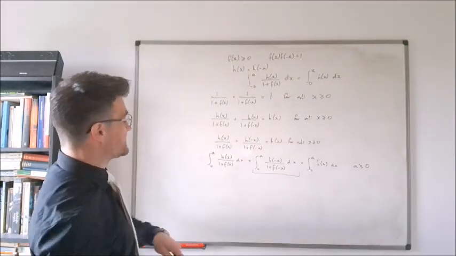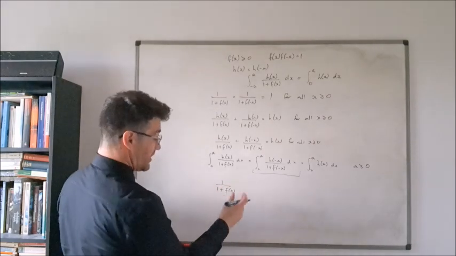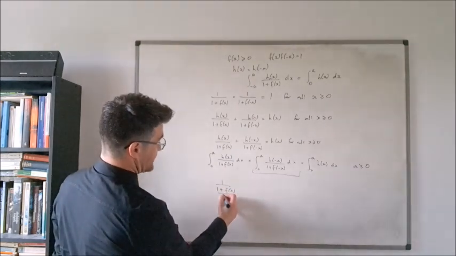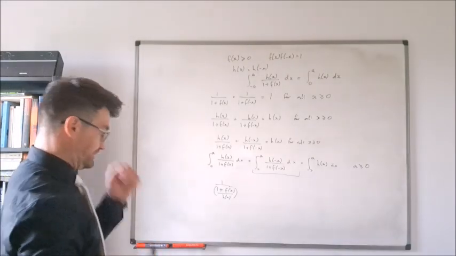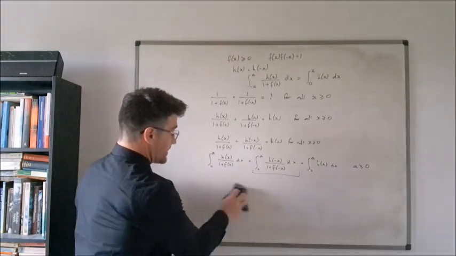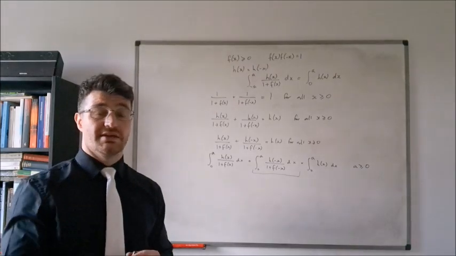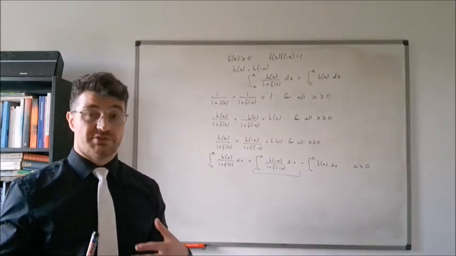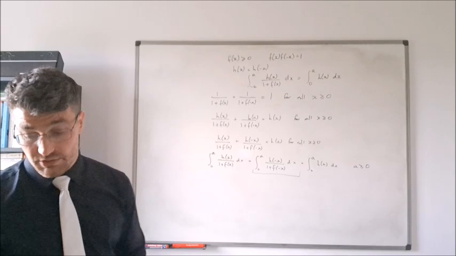I was hoping to reduce it more to the form 1 over 1 plus f of x that we saw earlier, but writing this as 1 over 1 plus f of x over h of x is not going to do the job. Again, sometimes you try things out and they just don't work. But it's worth trying them anyway, because it's important sometimes for you to see that something doesn't work. It's just as important for you to become aware of what doesn't work as it is to be aware of what does work.